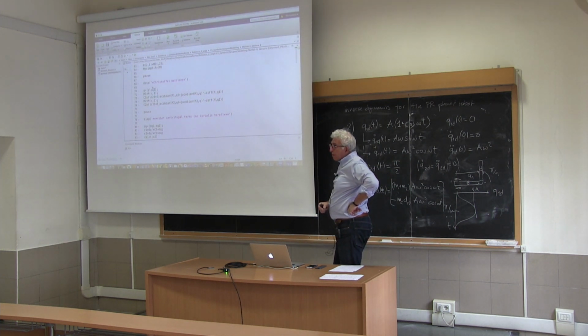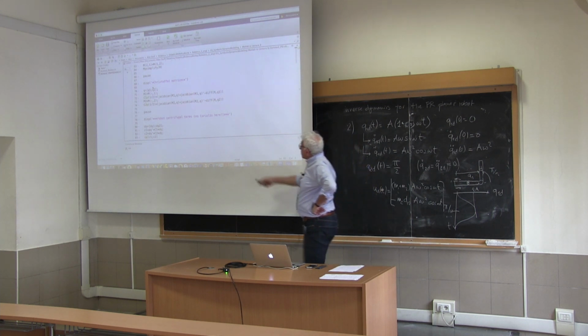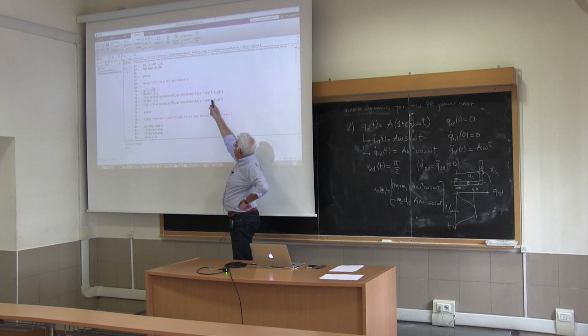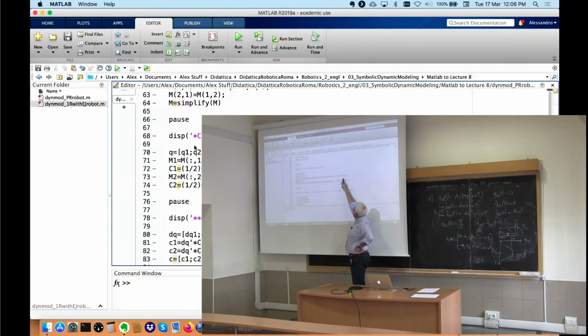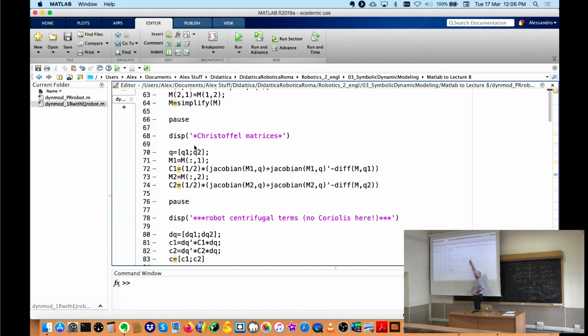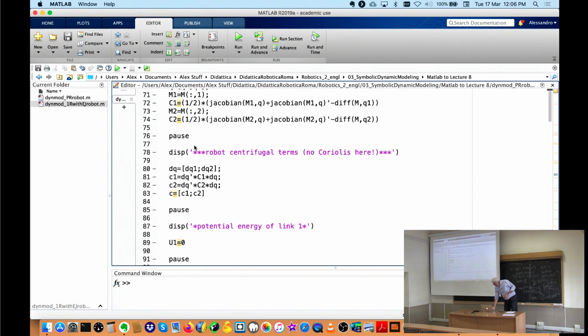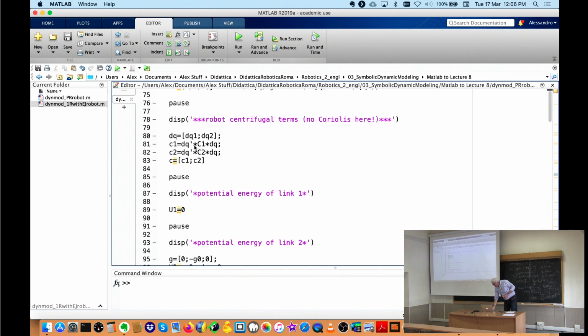The Jacobian instruction in Matlab is making the partial derivative of a vector with respect to another vector, while the differentiation function makes the differentiation of whatever variable you have here, a scalar, a vector, or a matrix, like in this case, with respect to a single variable. This is why one is Jacobian and one is differential. So once you have this, then you build up the centrifugal and Coriolis term. You don't have Coriolis term here.